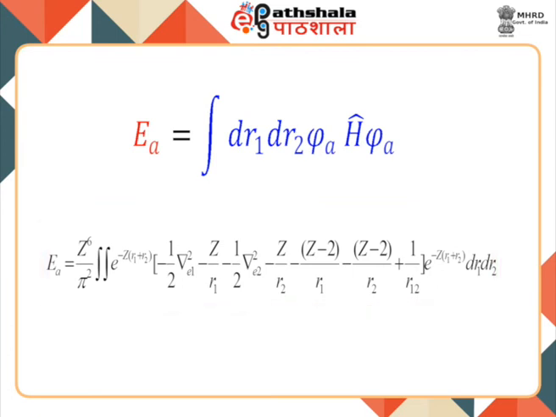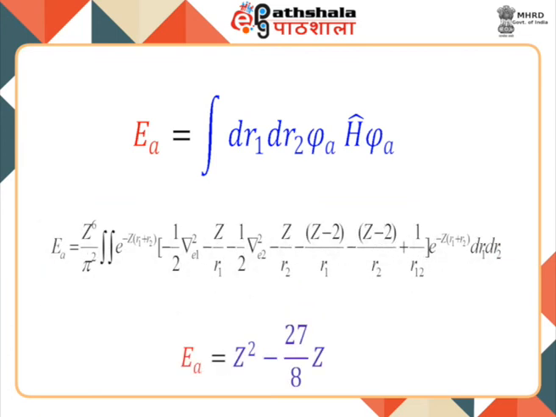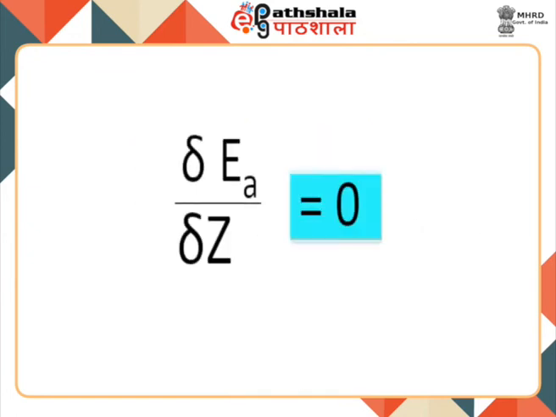This on integration gives equation 17, that is the simplified expression for energy, which is equal to Z square minus 27 by 8 Z. As it is already known that Z is an adjustable variation parameter, now in order to minimize the approximate energy, equation 17 is differentiated with respect to Z and equated to 0.